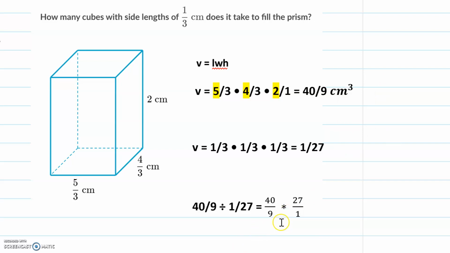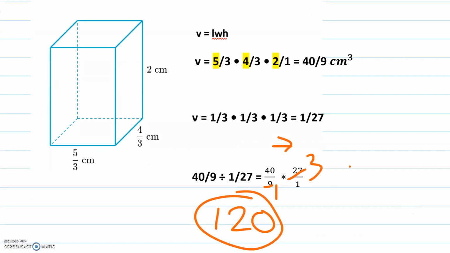And if you look here, you can see that 9 would go into 27. So 9 goes into itself once and into 27 3 times, which means I'm now going to do 40 times 3, which gives me 120 as my answer. So it would take 120 cubes.